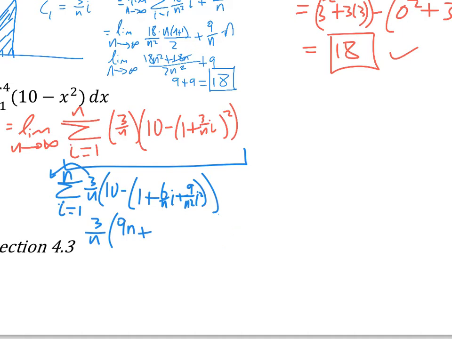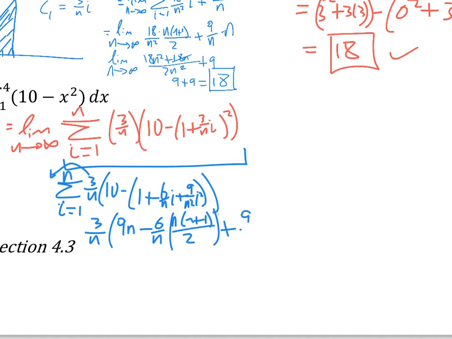this is all going to be negative. So that's actually going to be a minus because we're going to distribute this negative here. Okay. And so that's going to be minus 6 over n. And when we sum it, the i is going to be n times n plus 1 all over 2. Okay.